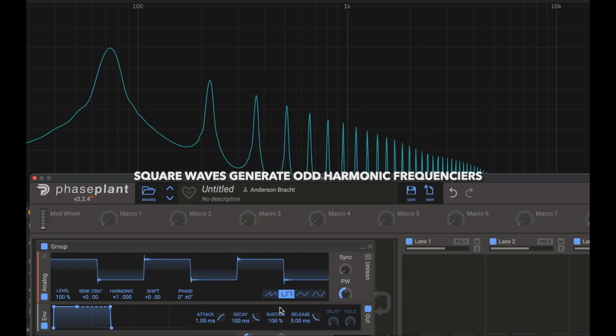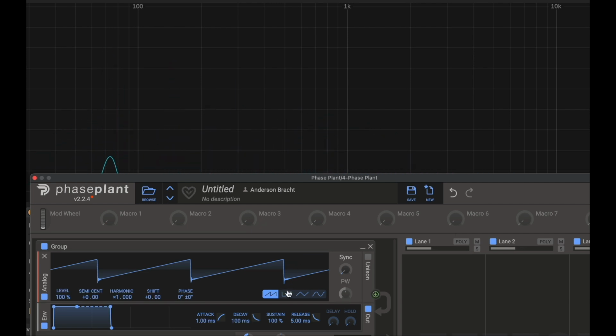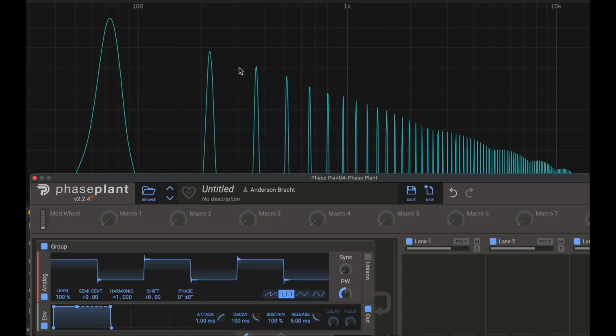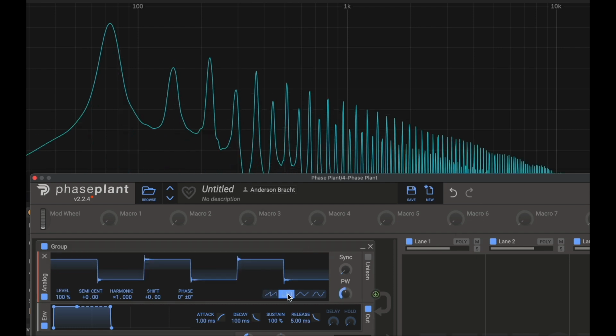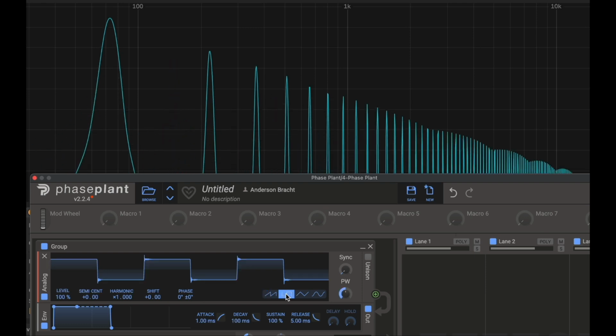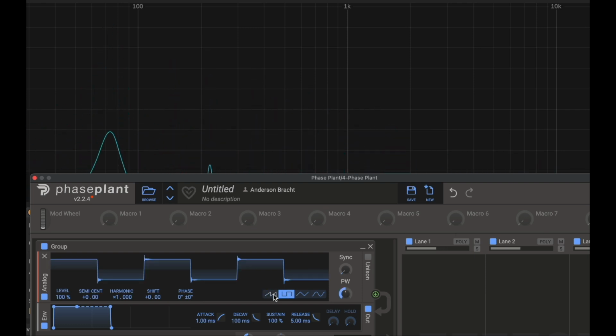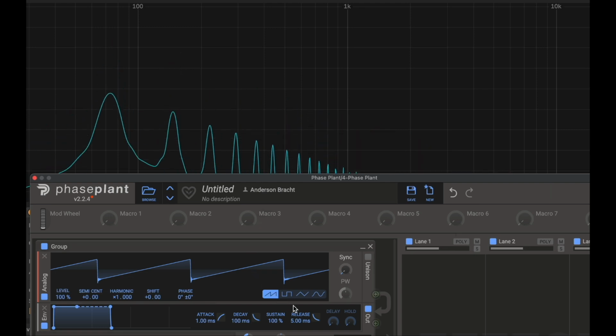Like the sawtooth waveform, these harmonics descend in loudness in a linear way. While playing a sound, if you select between the sawtooth and the square waveform, you can see in the spectrum analyzer that the square wave will generate half of the harmonics a sawtooth wave will generate, but the linear loudness change of the harmonic content is the same.